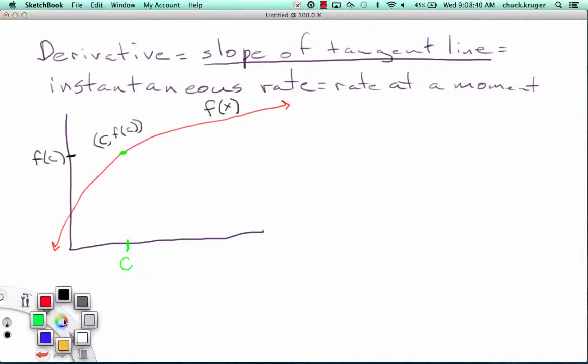And I'm going to talk about this thing called a tangent line. And a tangent line just touches that curve at that point. And it has something called slope.